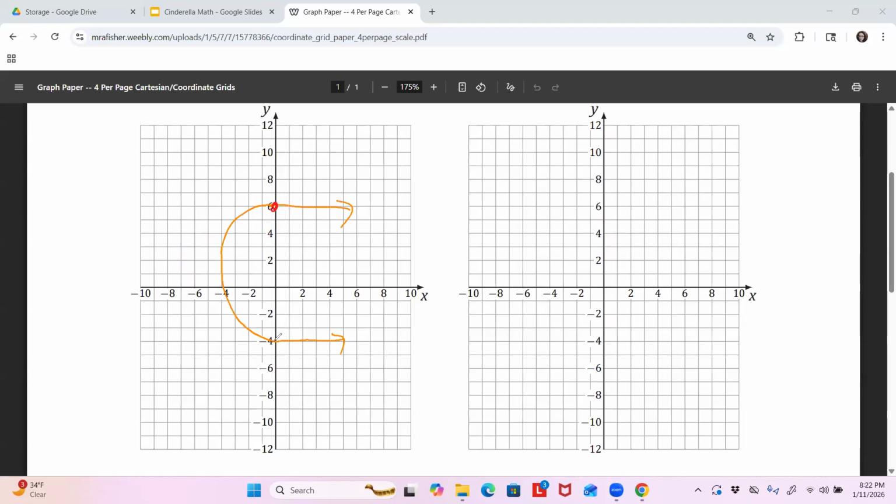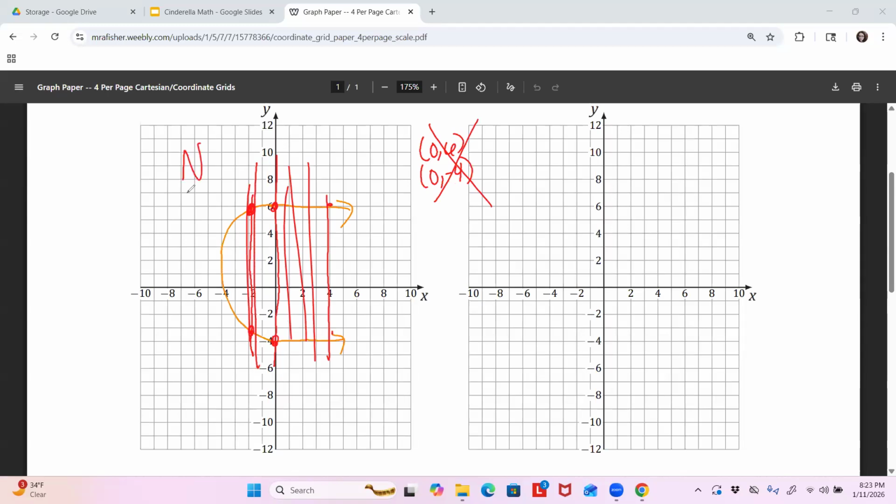Right here and right here, these would be the same x values because that's over 0 up 6 and over 0 down 4. So see, 0 got married twice. And with this one, -2 got married here and here. 4 got married here and here. So this fails so many times, but you don't need to write down the points. As soon as it hits twice with a vertical line, no, this is not a function.